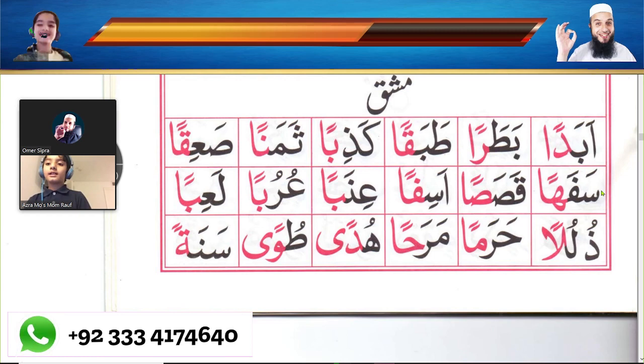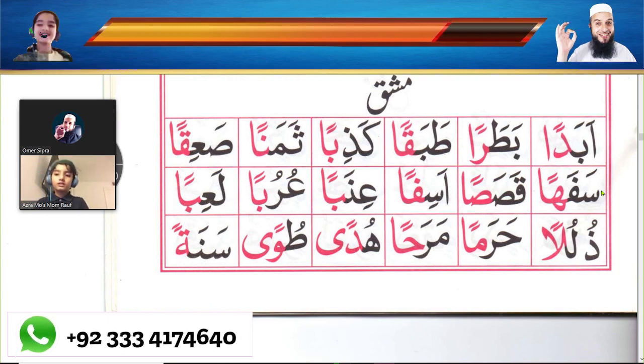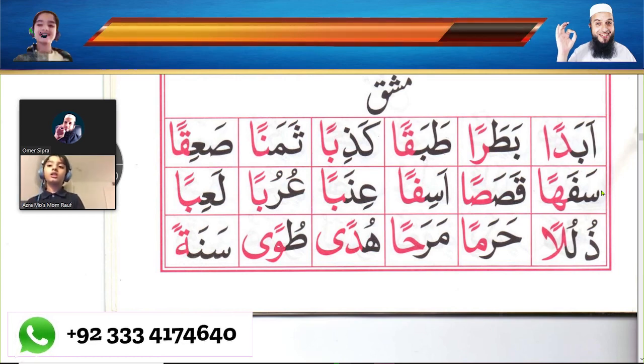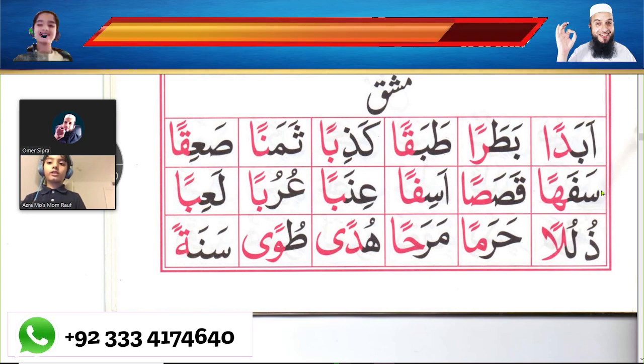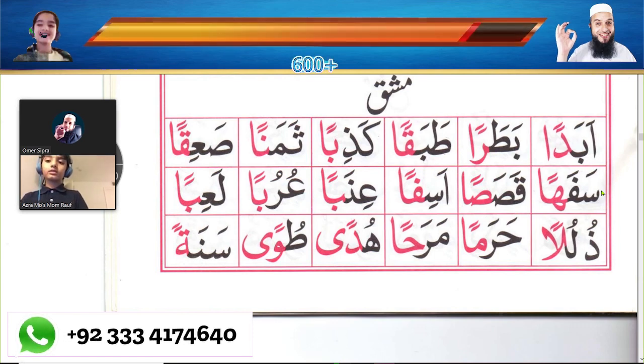Safahan. Qasasan. Asifah. Ina. Naban. Ru.